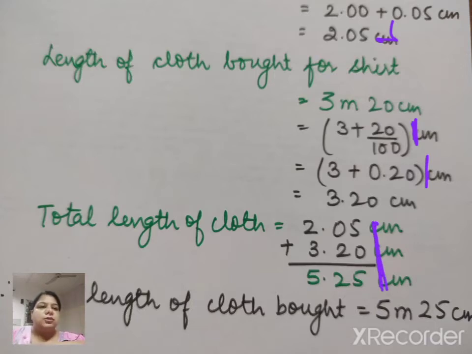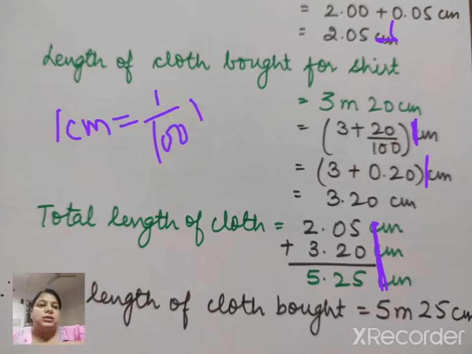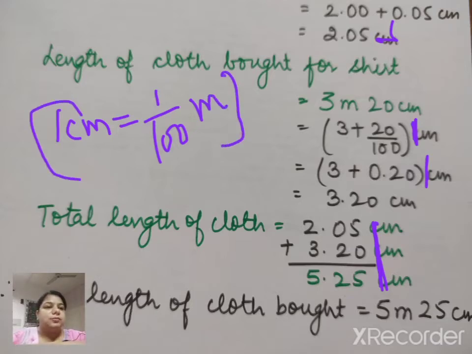So the length of the cloth bought for the shirt is 3 meter 20 centimeters. So again 1 centimeter equals how many meters? 1 upon 100 meters, right? So 20 centimeter will become 20 upon 100 meters.